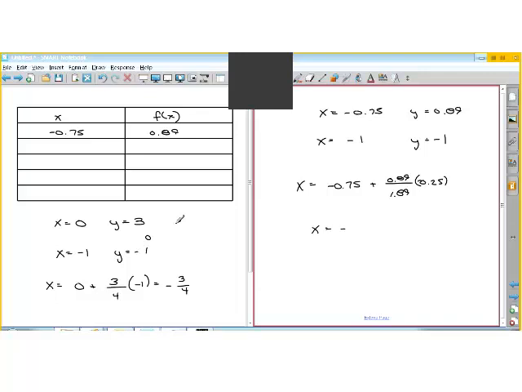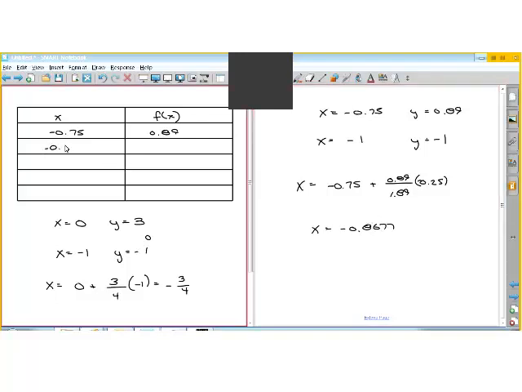No, I did that right. Okay, let me just fix this. So it's negative minus, okay. So I get -0.8677.